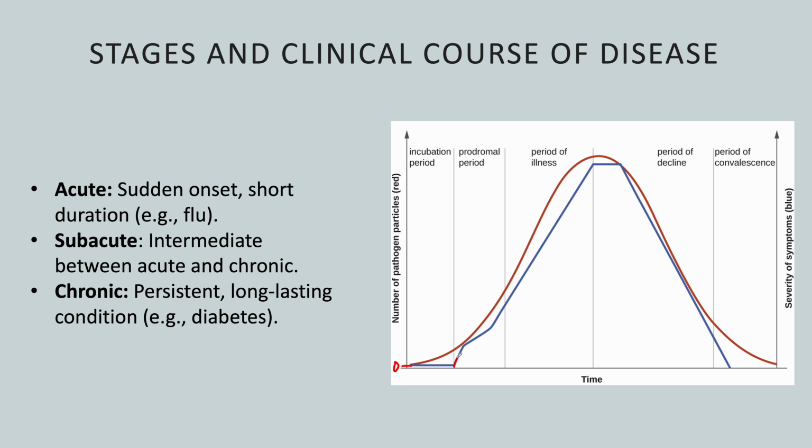Notice that the first signs and symptoms start during the prodromal period, they get worse here, they peak, and the signs and symptoms, or the severity, go almost to zero. People may still have some of these virus or pathogens, toxins may be still in the blood.